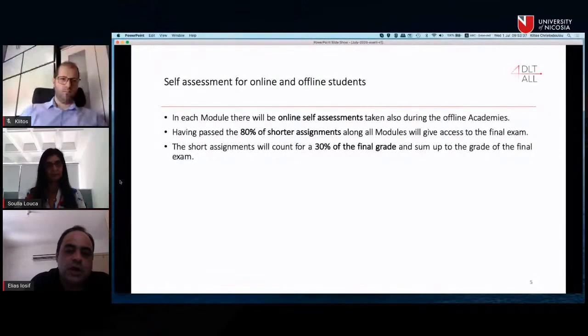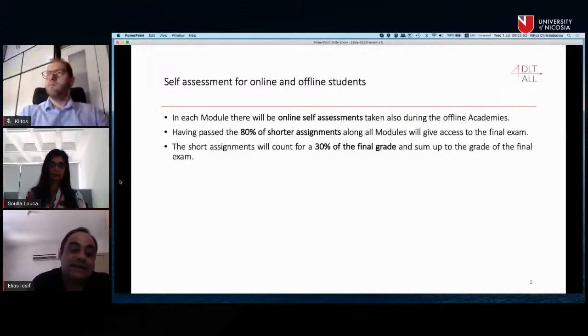For each module, we are going to provide a series of self-assessments, taking the form of short quizzes or questions, and those who manage to pass at least 80% of those shorter assignments will have access to a final exam. And those short assignments count for 30% of the final grades.